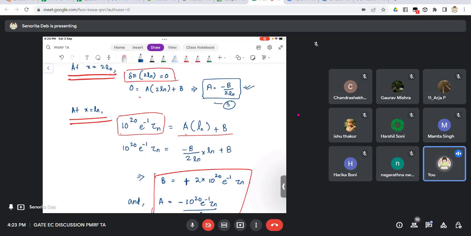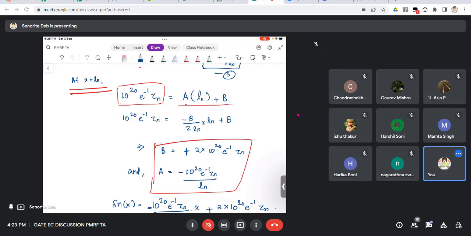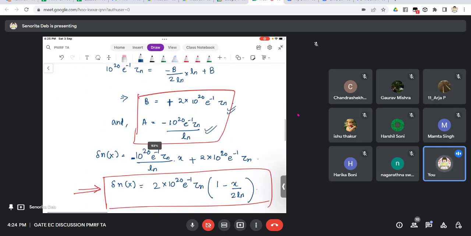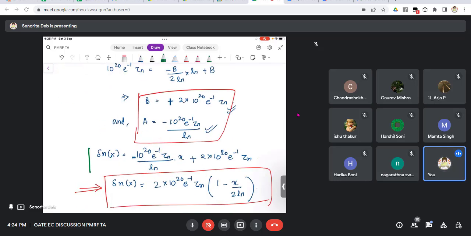So 10 to the power 20 e to the power minus 1 tau_n equals A L_n plus B. From here we get B's value. So we have A's value and B's value, and we put them in the final equation Ax plus B, and therefore we arrive at delta n(x) equals this.